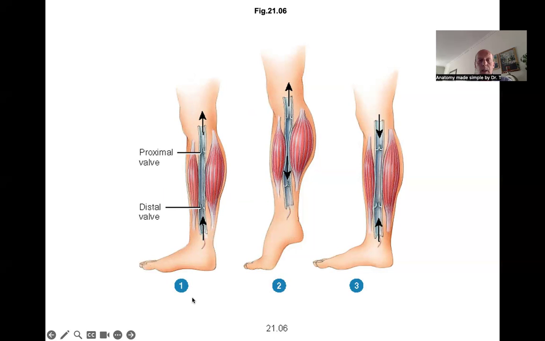Veins of the lower limb are particularly prone to have issues with gravity. Gravitational force is constant. We cannot avoid it unless we're in outer space. So as long as we're in a perpendicular position, the blood tends to pool in the lowest parts of the body.